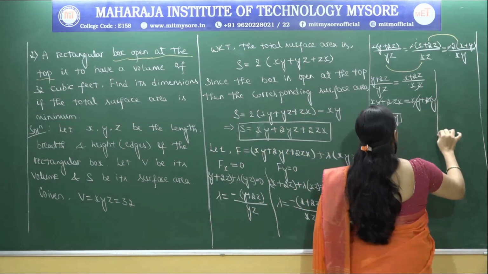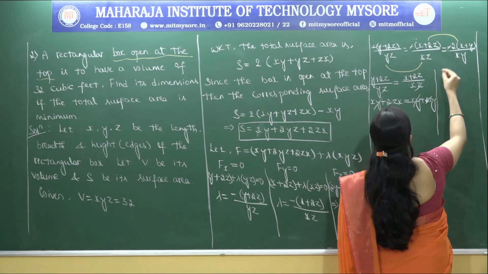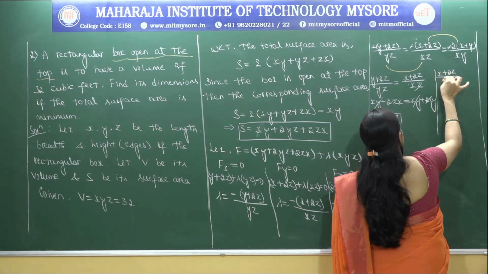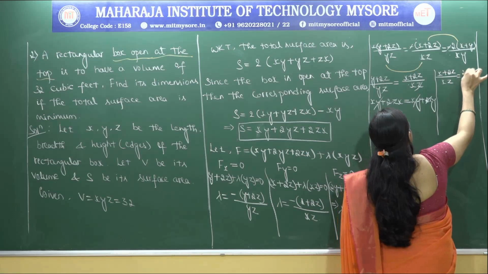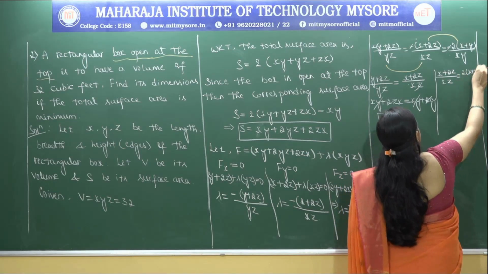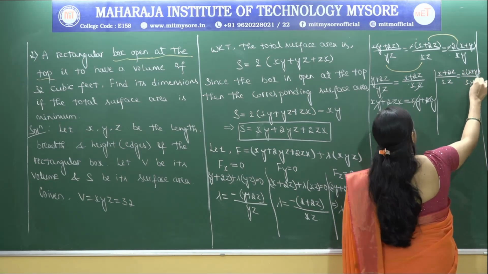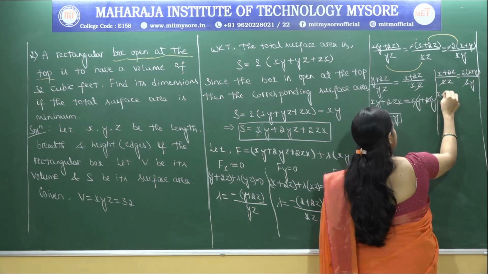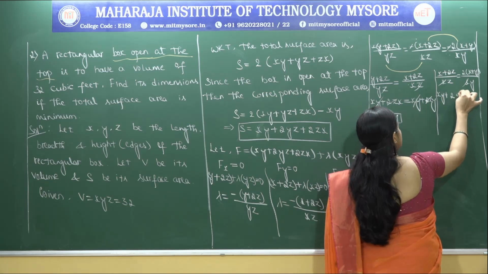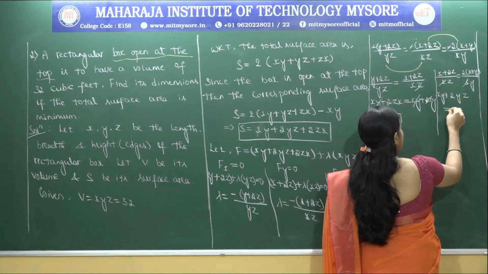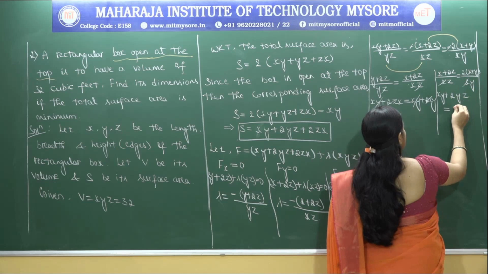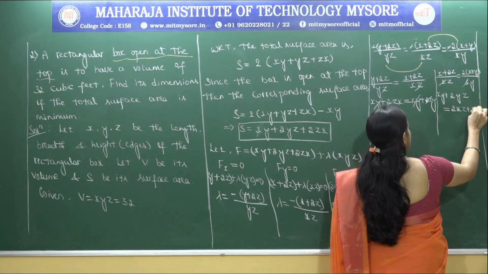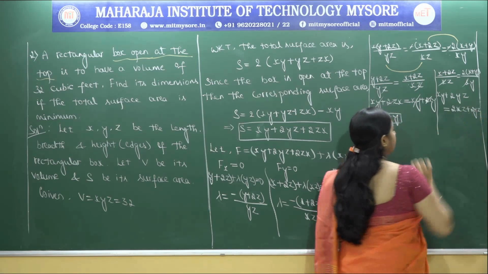Similarly, equate the second and the last one. (X plus 2z) divided by xz equals 2 times (x plus y) divided by xy. Then cancel the x term and cross multiply: xy plus 2yz equals 2xz plus 2yz.